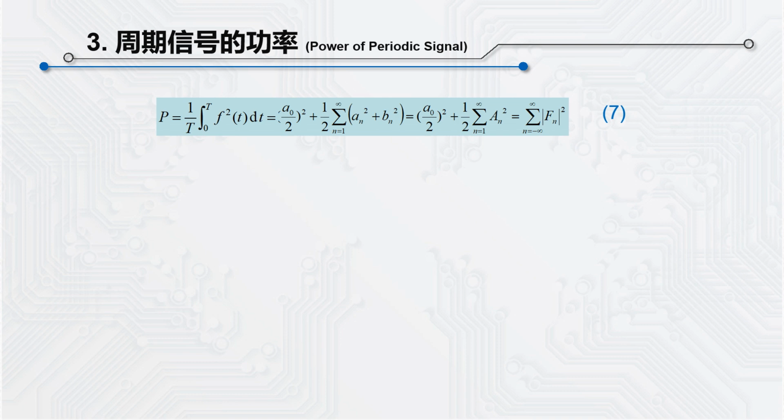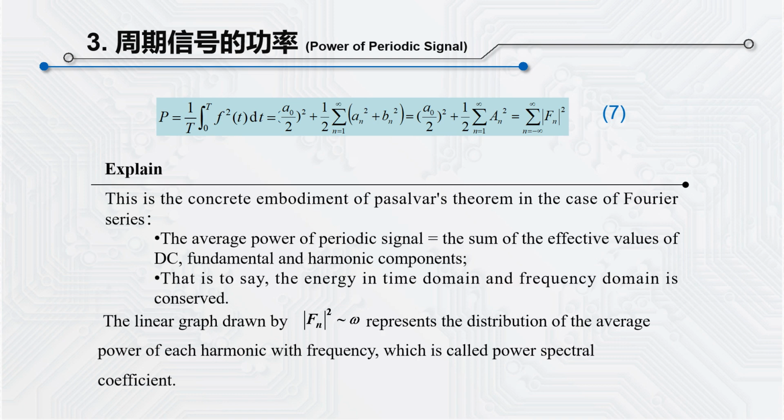Let's talk about the power of periodic signal. As we mentioned above, the power of a periodic signal can be expressed in the time domain. It can also be represented by its transformation domain. This is the embodiment of Parseval's theorem in the case of Fourier series. That is to say, the average power of a periodic signal is equal to the sum of the squares of the effective values of DC, the fundamental wave, and the respective harmonic components.